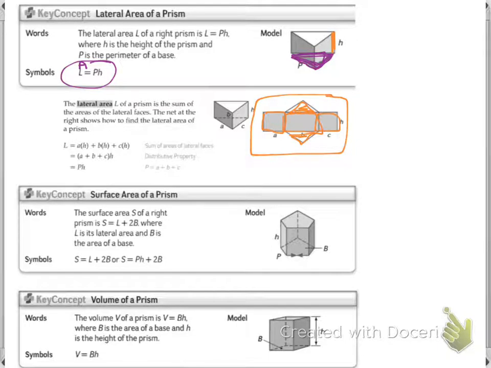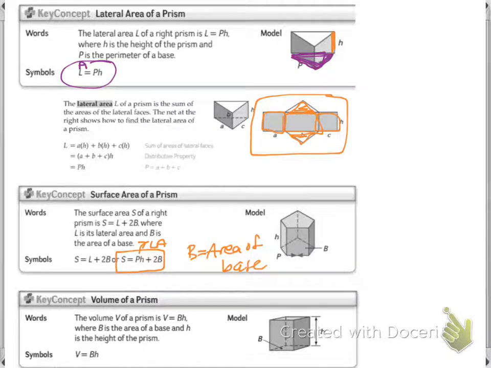Once we get to surface area of a prism, all you are doing is taking what you got for your lateral area, and the only thing that's missing are the two bases. So surface area is PH, which is the lateral area, plus 2B, and that capital B is the area of the base.